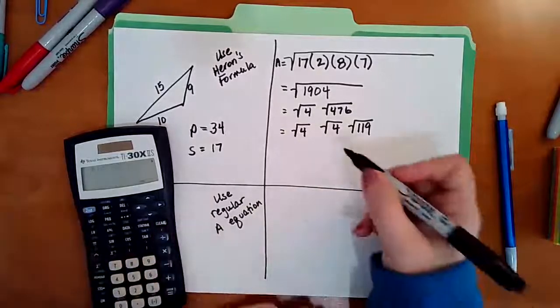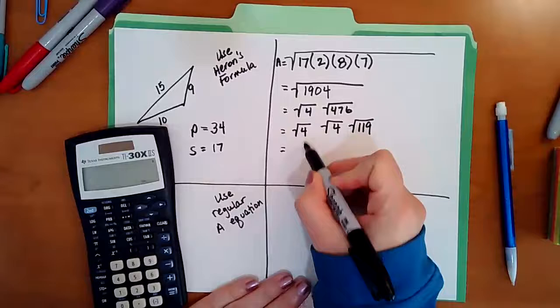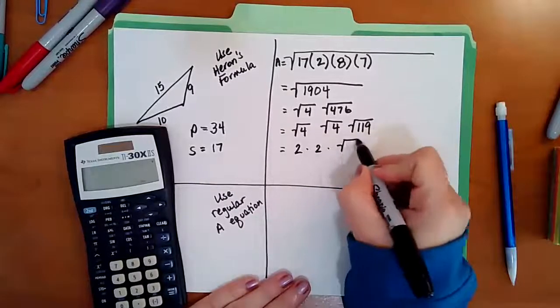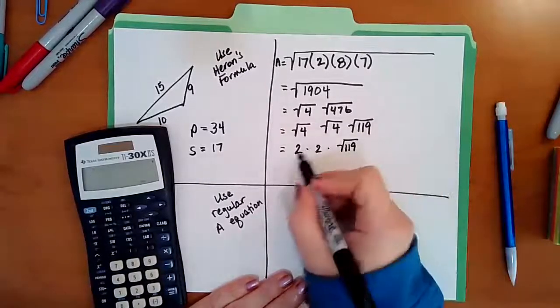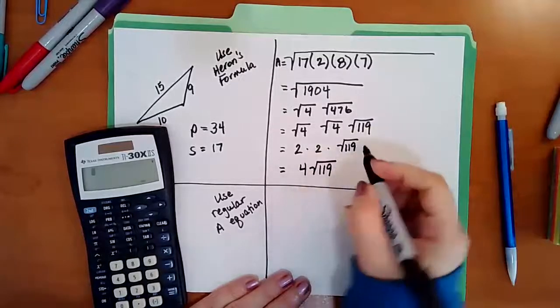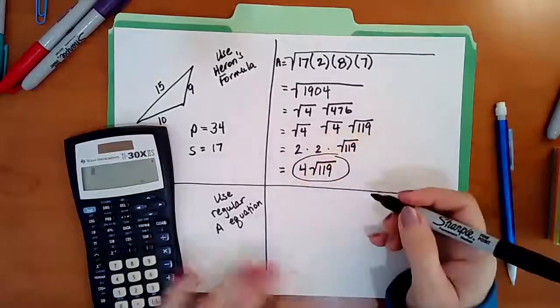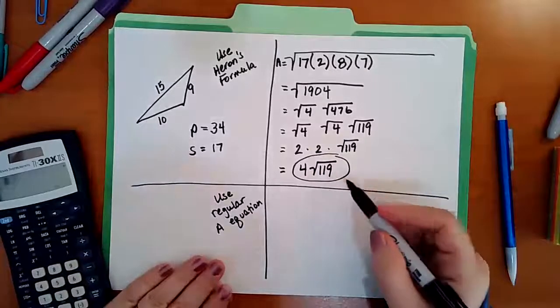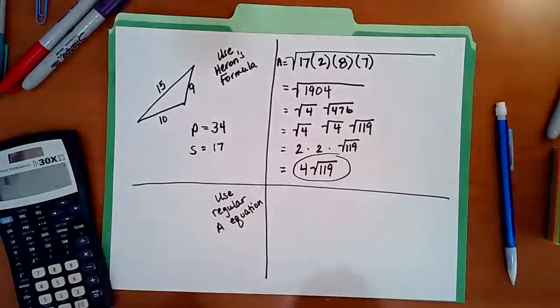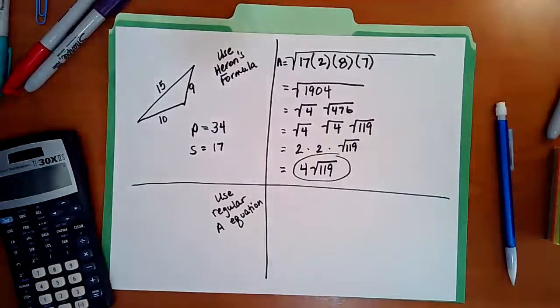No. I don't think so. So the square root of 4 is 2. The square root of 4 is 2. The square root of 119, we're just going to leave as the square root of 119. So we get 4 root 119. Now, I know you're thinking that is heinous, and you are not wrong. It is heinous, but it is also correct. So we're going to go with it.